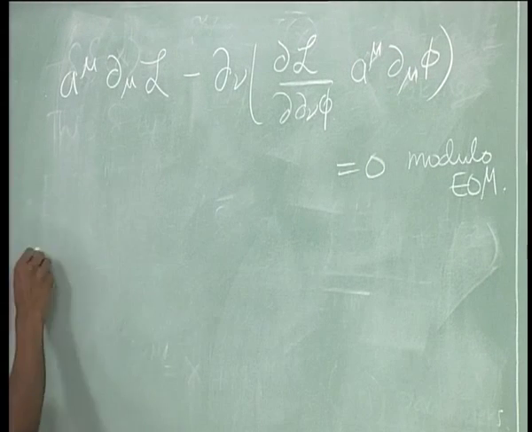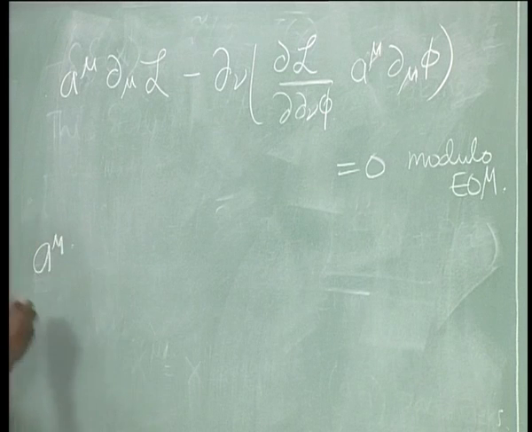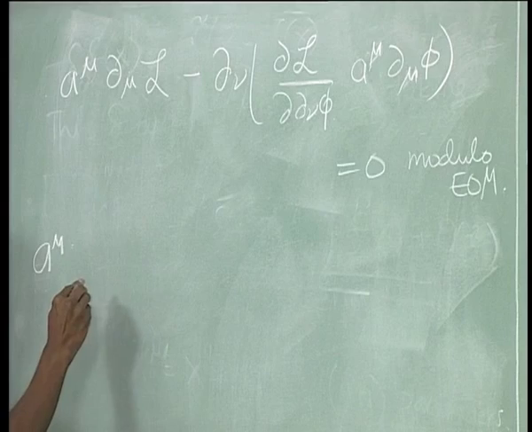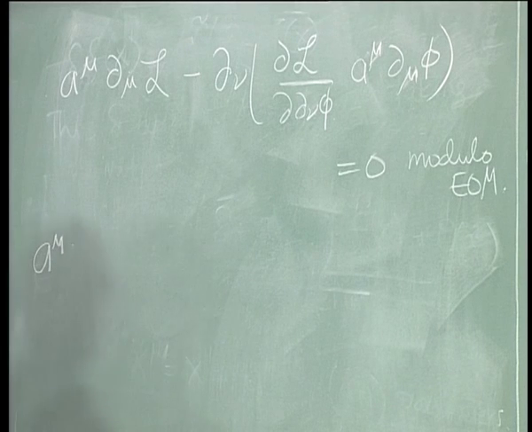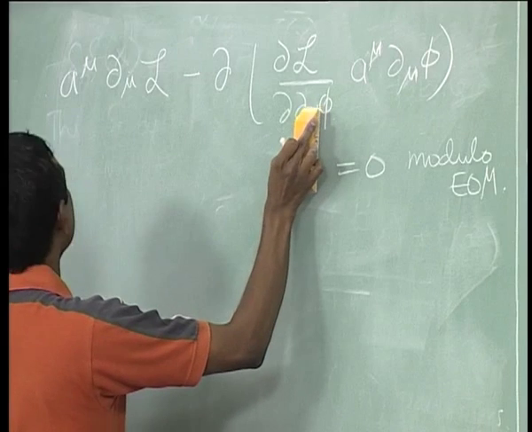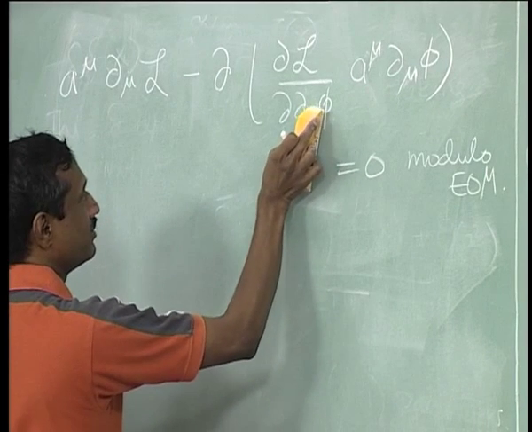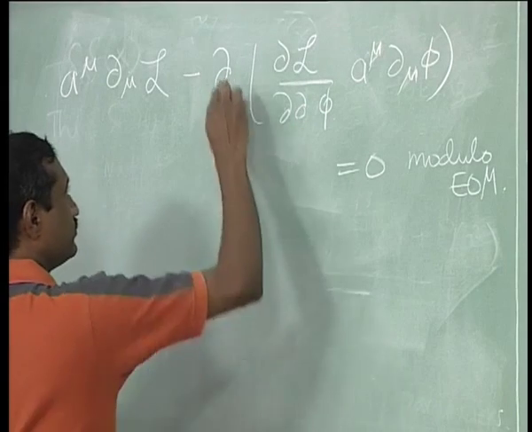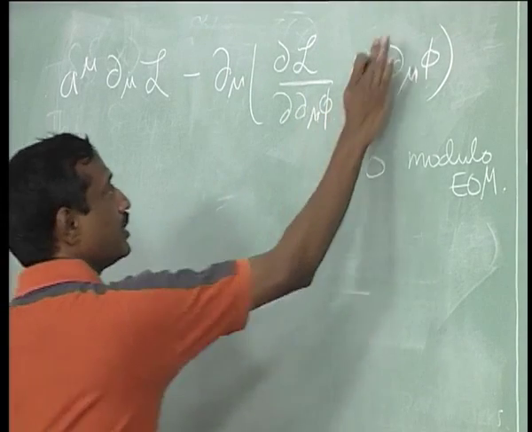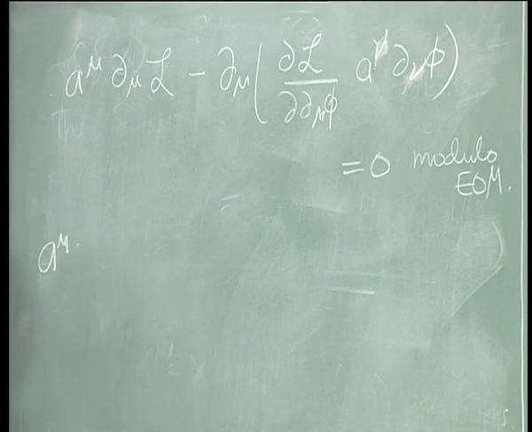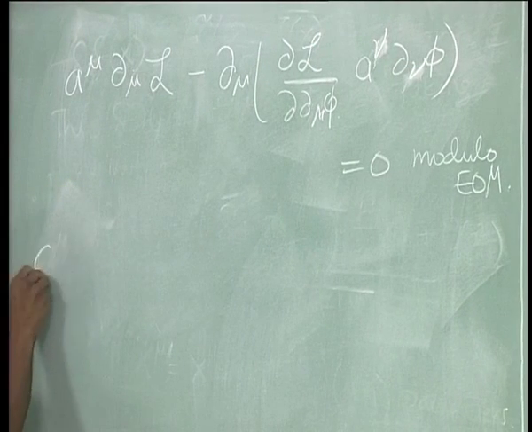So this becomes a mu times, actually I want to do the opposite to match what I had earlier. Let it remain as this is. And let us pull out a nu.